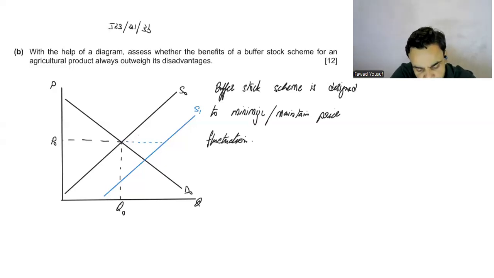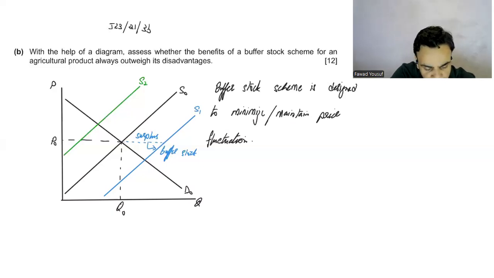So what we'll do is we're going to take this excess because of a good harvest. We're going to take this excess supply, or let's call it surplus in this case, and we're going to stock it, right? We're going to send it to the buffer stock. Okay. And in future, if there is a poor harvest, and if the supply curve shifts to the left, something like this, we can clearly see that the price wants to go up and there is a shortage which comes about.